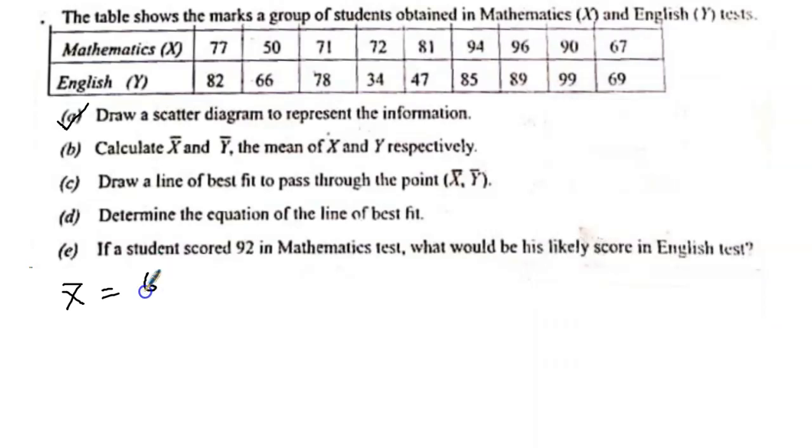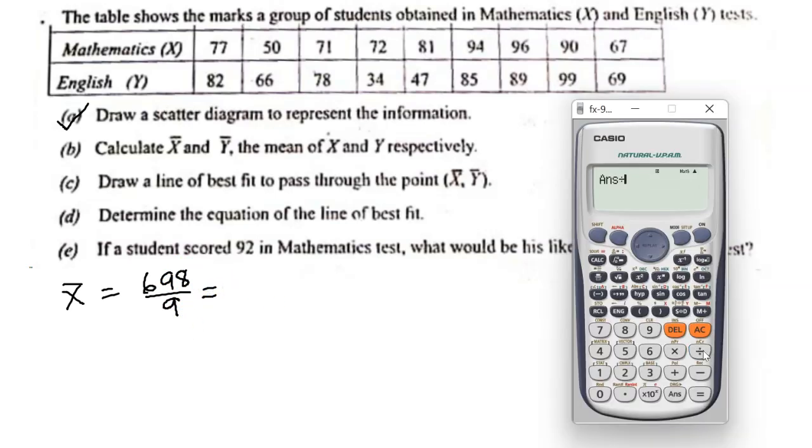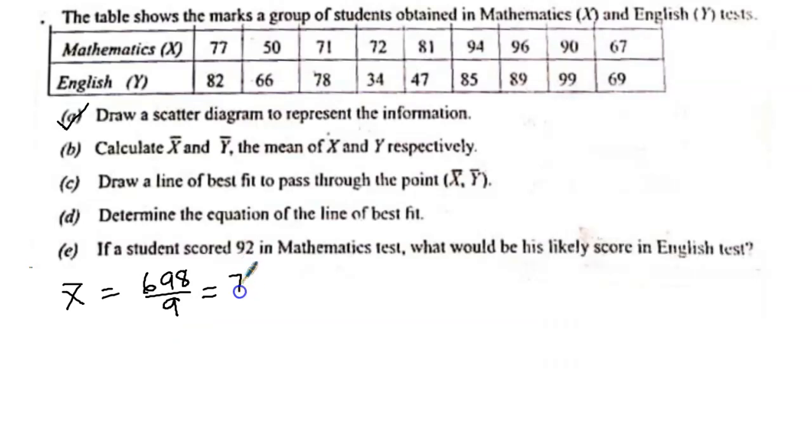So we get 698 divided by 9, and then you convert it to decimal. So 77.56.